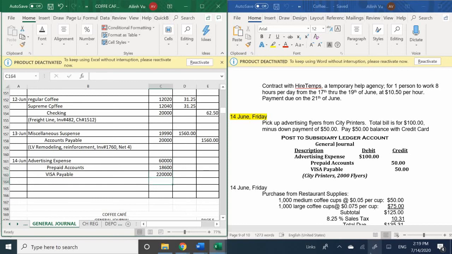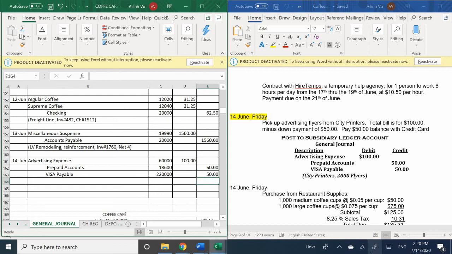Okay, please double check that. But I think those should be correct. Yes. Okay, so because the total bill that I received was a total of $100, we need to subtract out our prepaid amount, which was $50 because we paid in advance already, and so therefore we only need to pay the remaining $50.